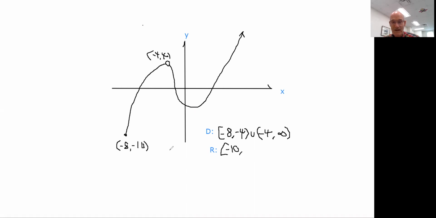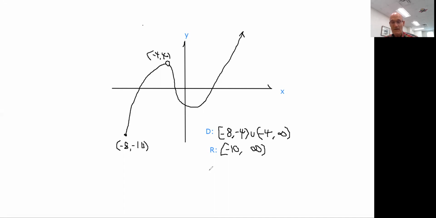And if you'll notice, as my cursor just continues to move up in the Y direction, I get to this point here, which is -4 and 4, but there's a point over here in the first quadrant where the Y value of 4 exists. So my range goes all the way from -10 to infinity.